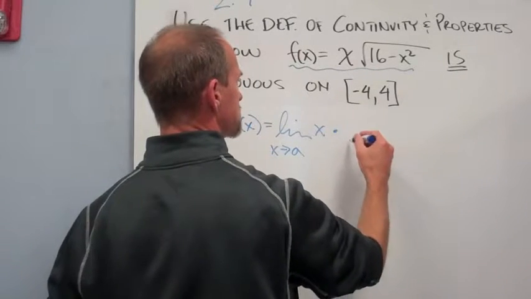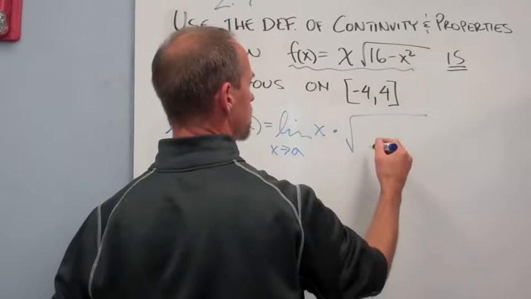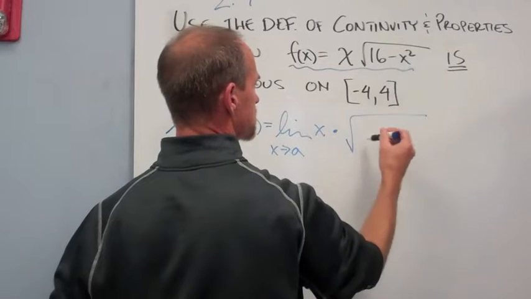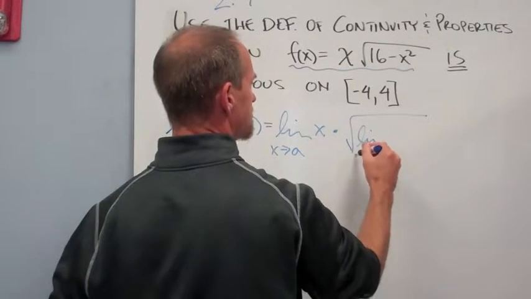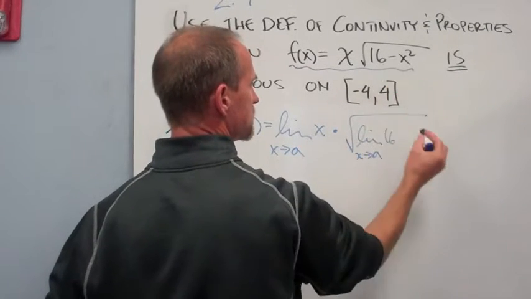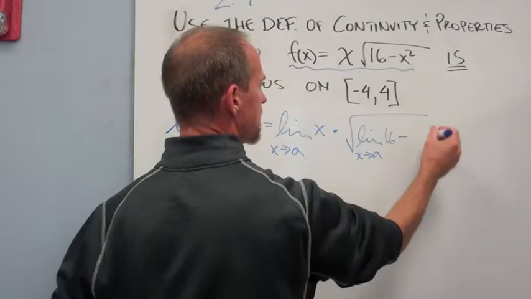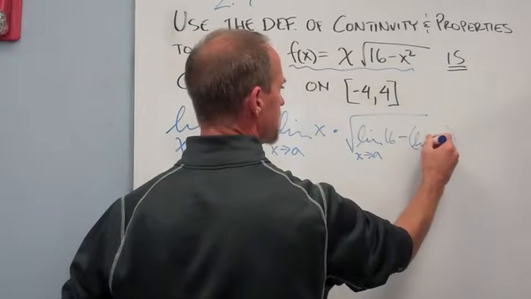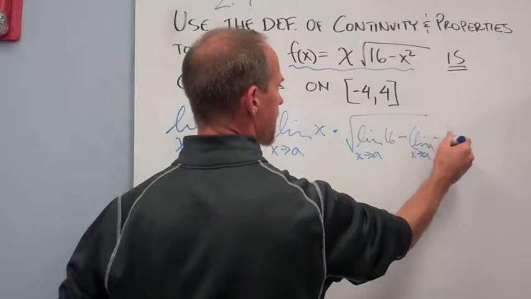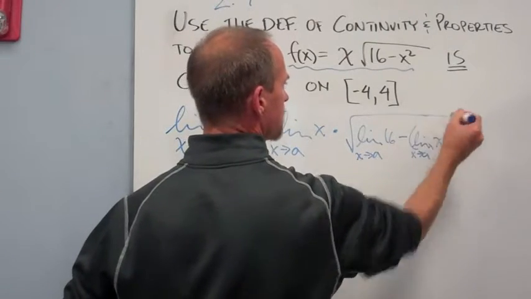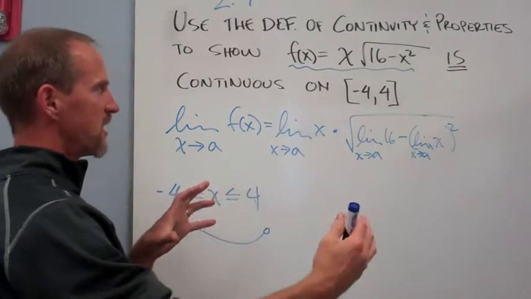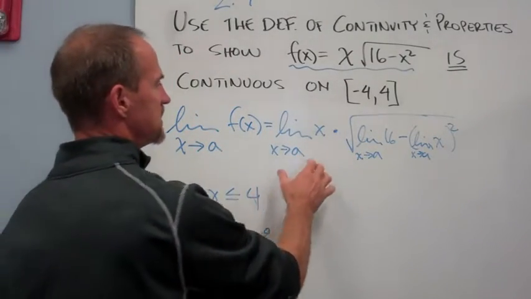Again, one of our properties is that that's the same as the radical of the limit inside. And then I can separate these two things and have that be the limit as x approaches a of the fixed number, constant number 16, minus the limit as x approaches a of x, and then squared. Okay? So this is just that process of breaking things apart and then looking at the individual parts.